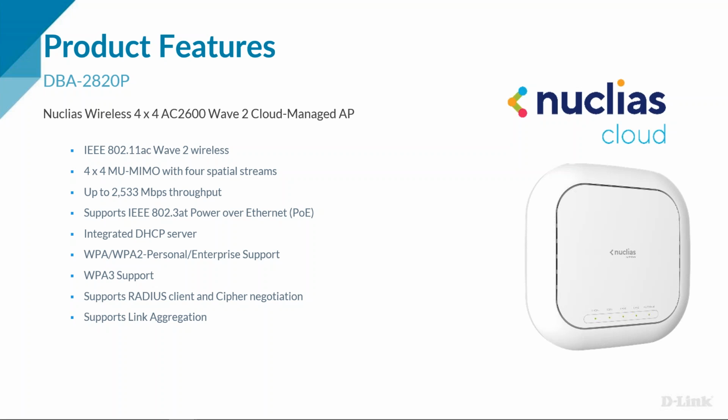So a bigger area, probably somewhere requiring more speed, because it's a slightly faster access point. You do get more on the AC 5 gigahertz on this one. As you see, it goes up to 2,533 megabits as a throughput threshold. But like I said, it's really down to how many hosts it can handle. Sure, of course.